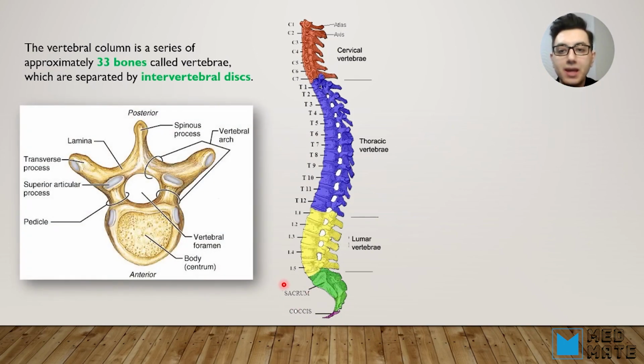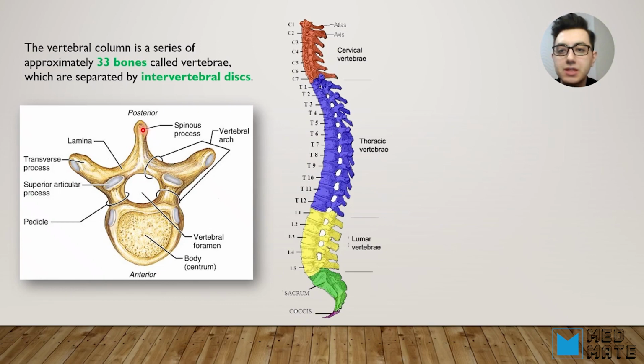Alright, what are the main or important parts of a vertebra? Now here we're talking about a typical vertebra. Each typical vertebra consists of a body, which is in the center, and now we are looking from above, so this is the superior view of this vertebra.